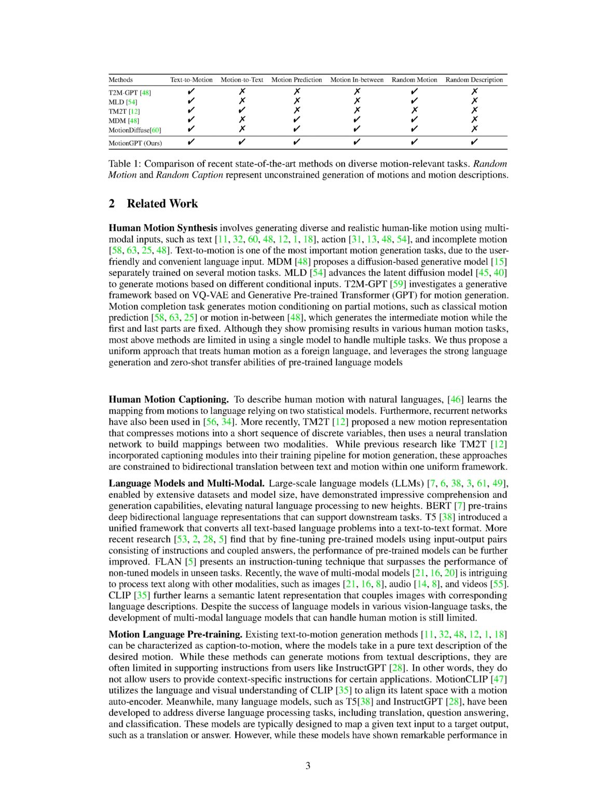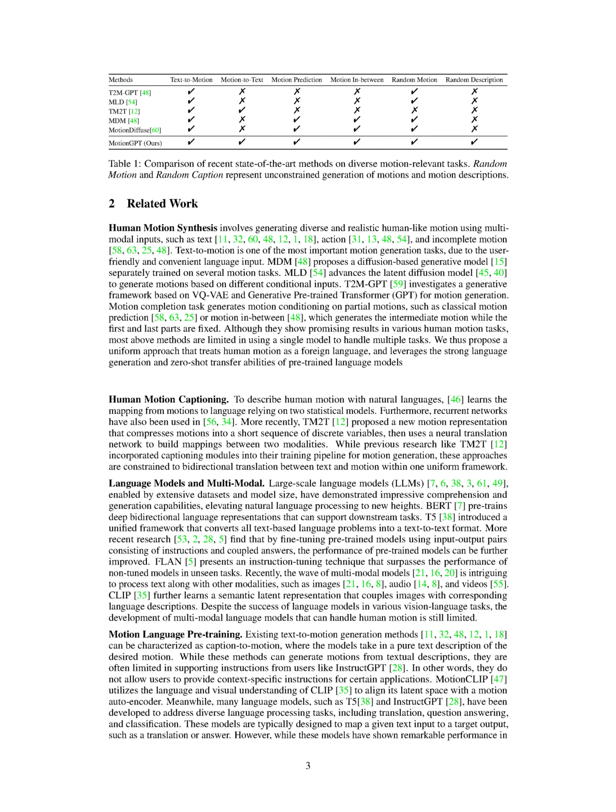Multimodal models that can process text alongside other modalities such as images, audio, and videos have recently gained momentum. For example, CLIP learns a semantic latent representation that pairs images with corresponding language descriptions. Despite these strides, the creation of multimodal language models capable of handling human motion is still in its infancy.